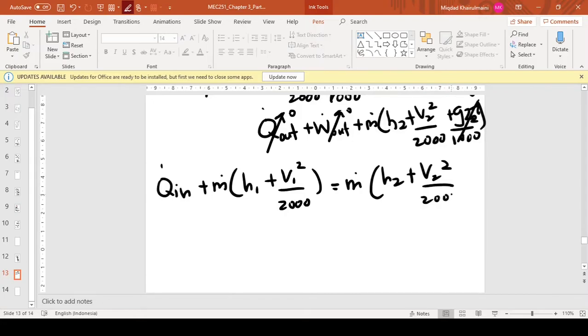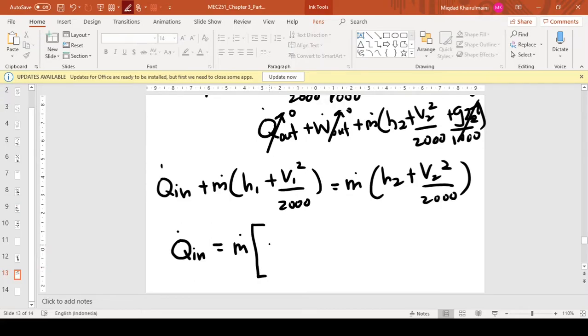What we do next, since we want to solve for mass flow rate, is pull together all the terms with the mass flow rate. Since Q in has no mass flow rate, it remains on the left, and all the terms with the mass flow rate we put together on the right hand side. So we factorize the mass flow rate, which is on the outside.